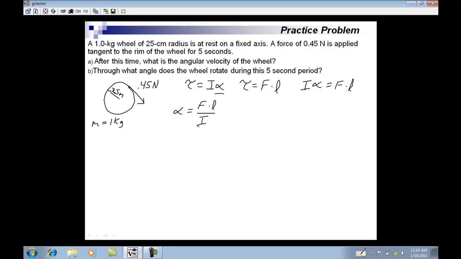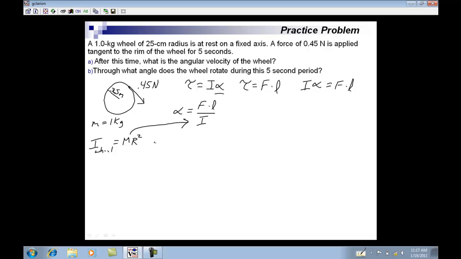One of the things you'll need to know is that for a wheel, the moment of inertia is just mr squared. That's an easy one to remember. I plug that in.